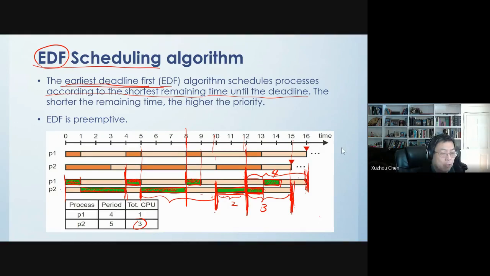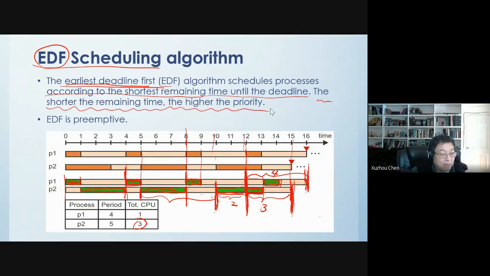So process 2 has a certain kind of urgency to complete, right? So it makes a little more sense in this case. Make sense? So the priority is based on who has the shorter remaining time.